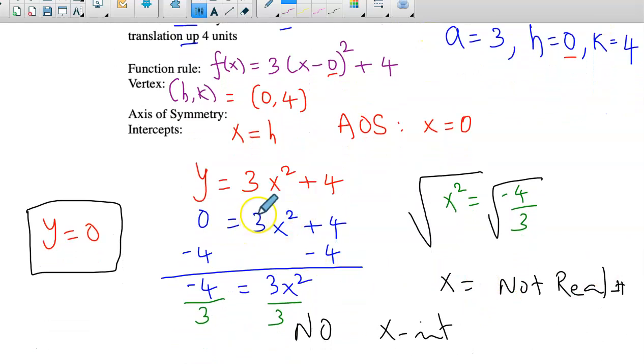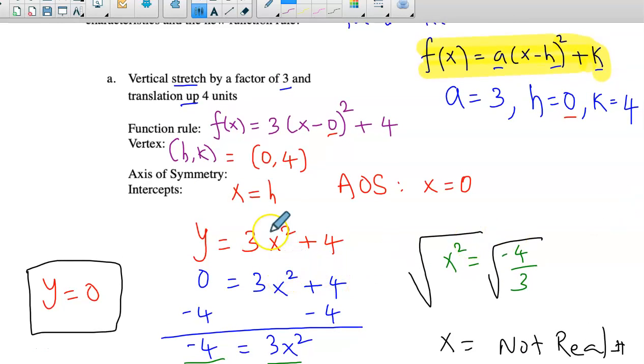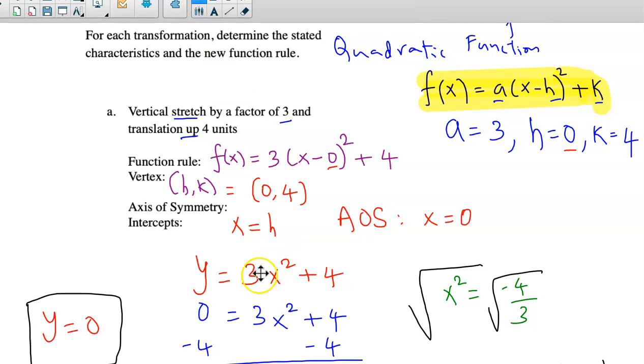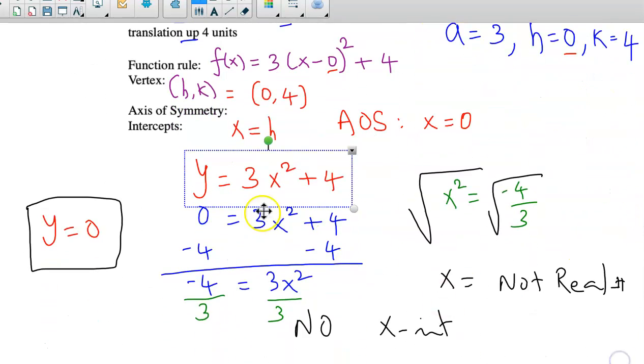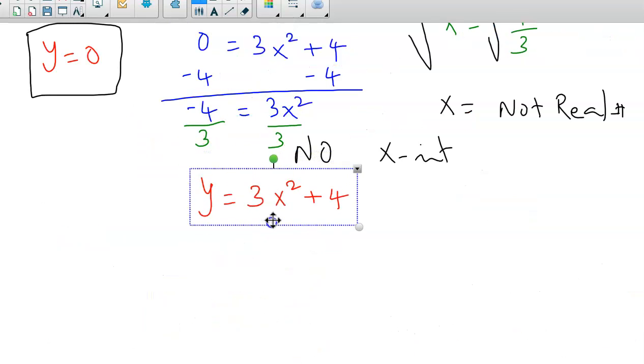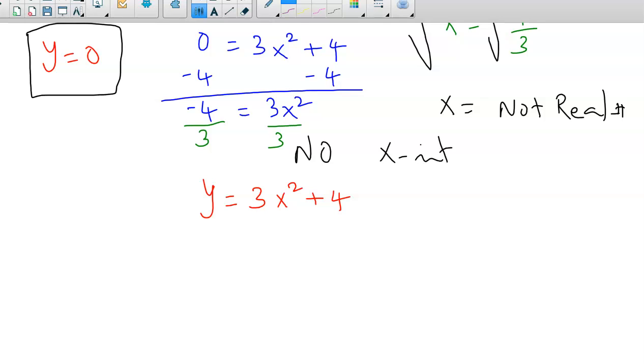Now for the y-intercept, I have to do the opposite. In the same function, I'll replace x with 0. Substitute x is equal to 0, because I'm trying to find the y-intercept.